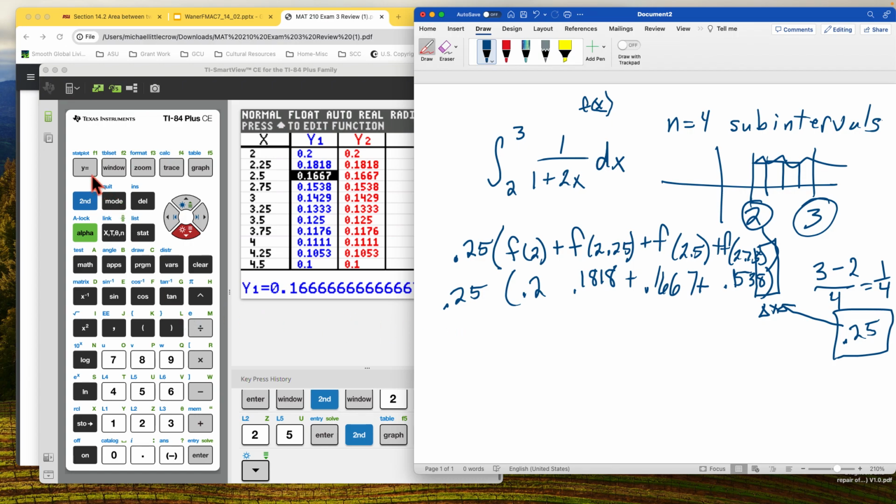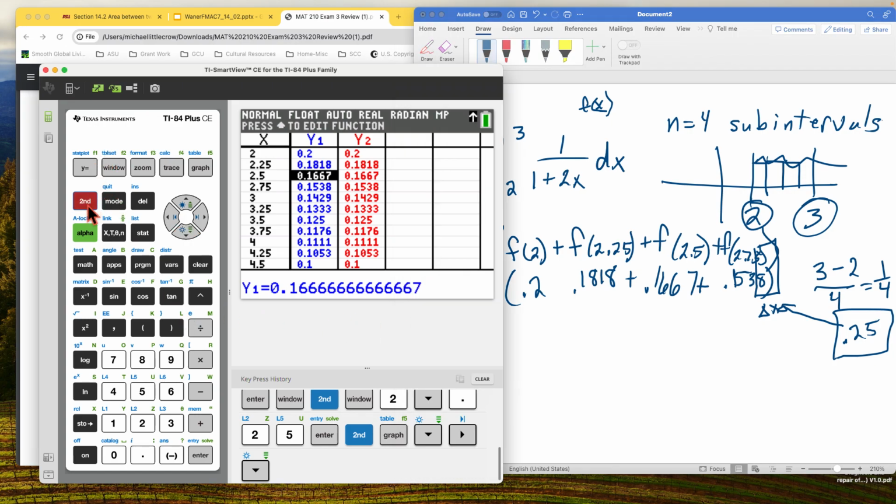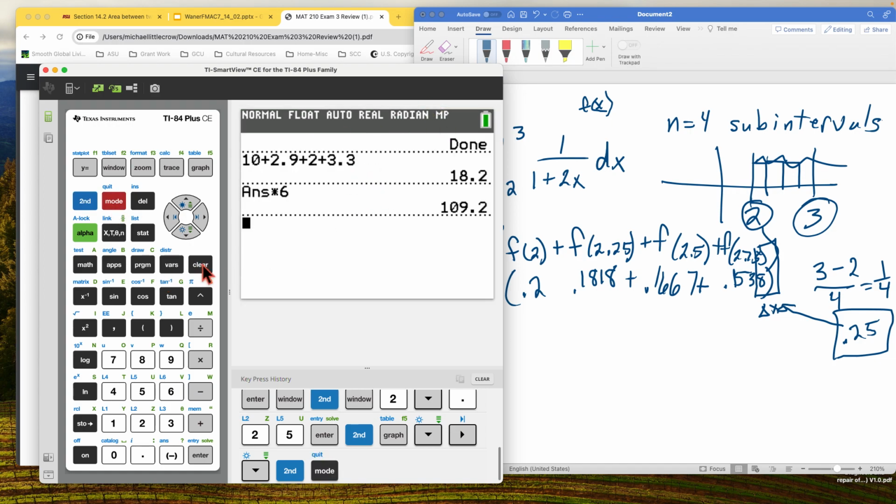Again, then we go back to our calculator. I'll go second quit to get back to the main screen.